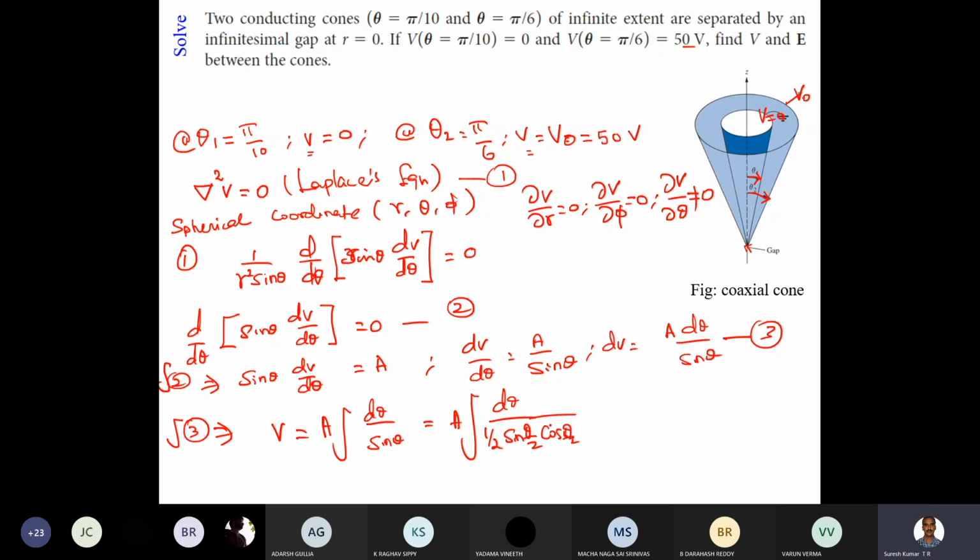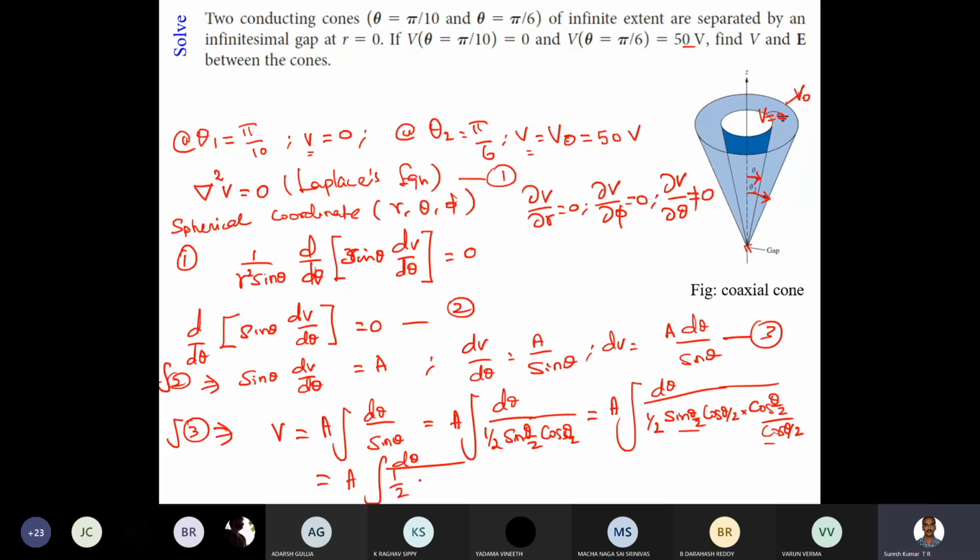You can write sine theta as 2 sine theta by 2 cos theta by 2. So here you just multiply and divide by cos theta by 2 in the denominator. Then this will be reduced to sine by cos, which will be tan theta by 2.